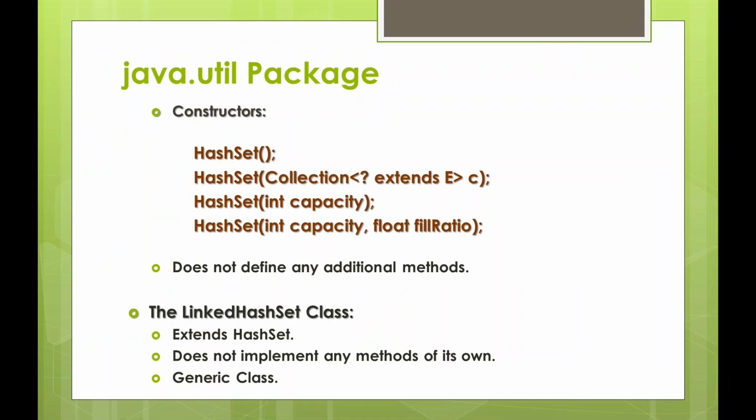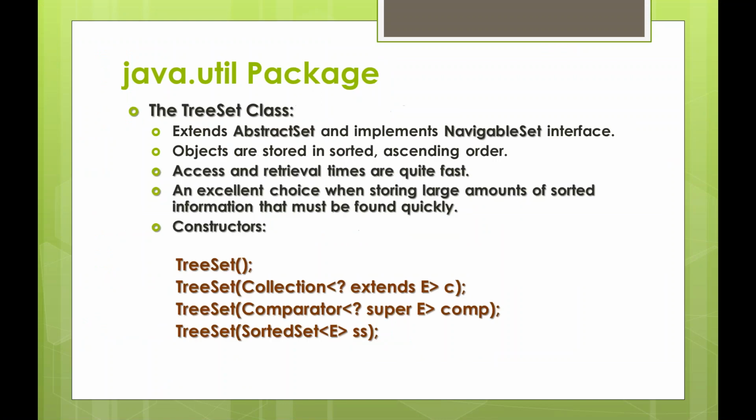One of the main advantages of using tree set is when you have a situation where you want to retrieve elements faster and store them in sorted order. That is when you use the tree set class.